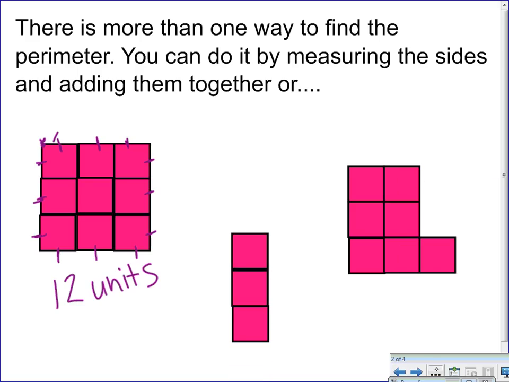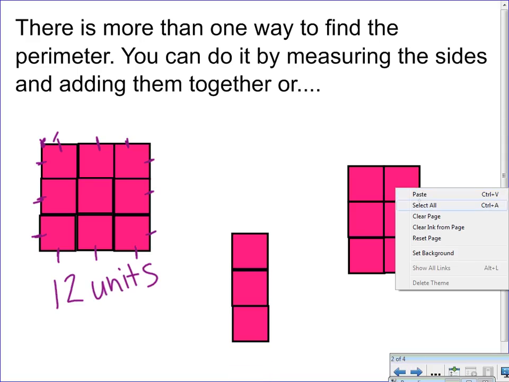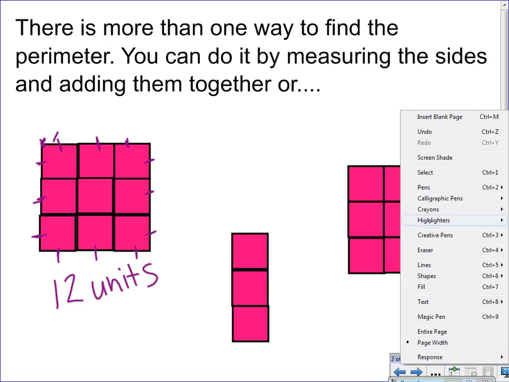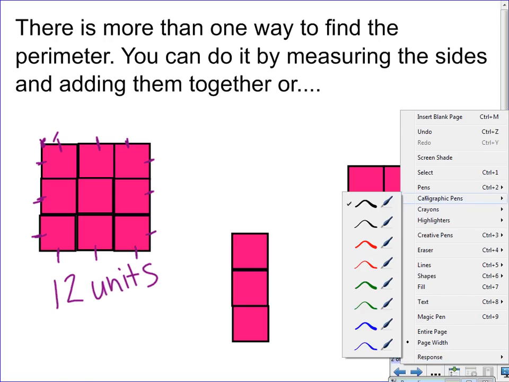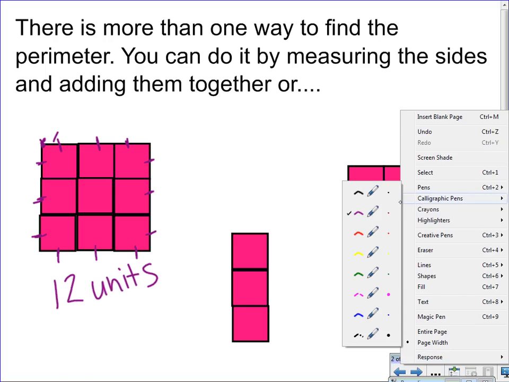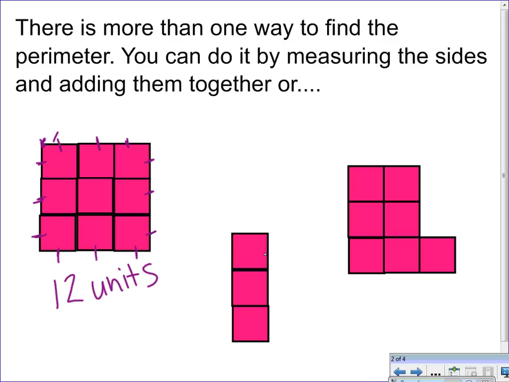Okay, for this shape, once again, we are going to count the line segments all the way around the shape. So, pick a starting point, and then you're going to go all the way around until you get back to that starting point.